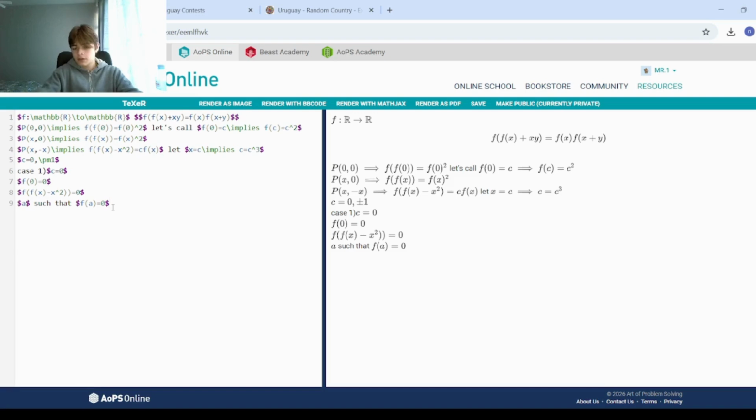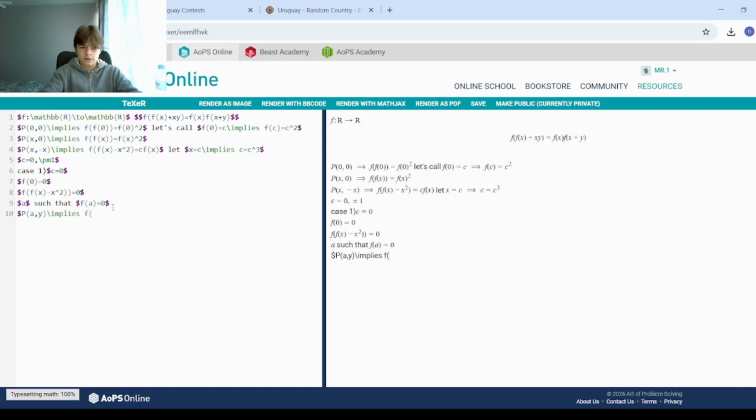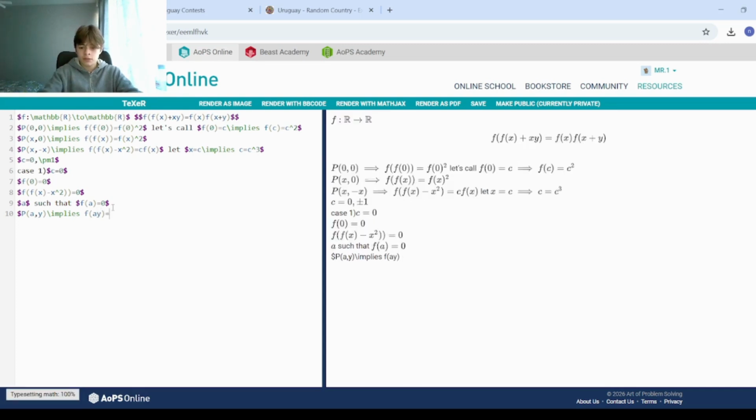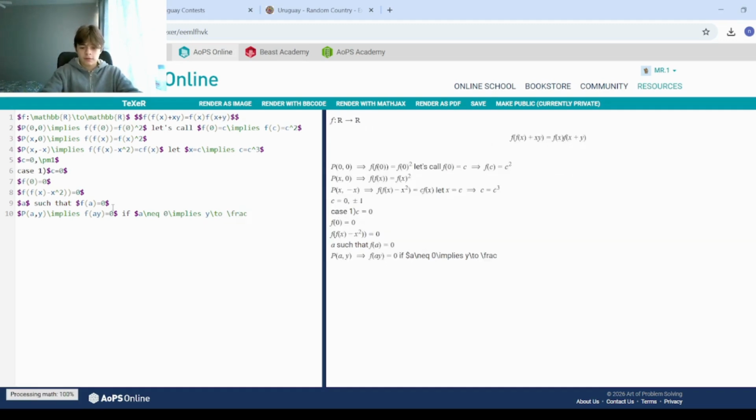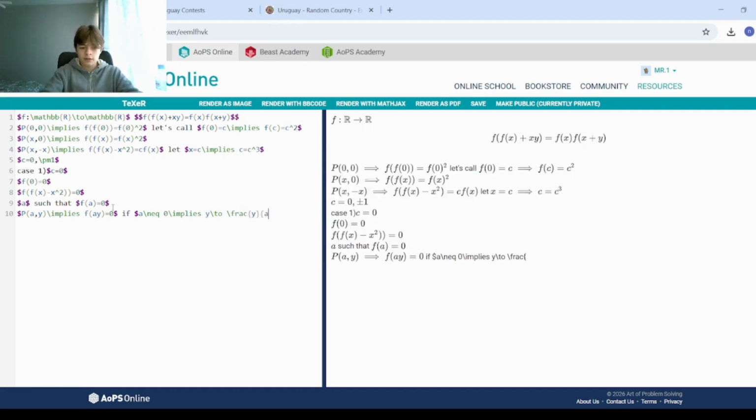We know this. So if we put like this, we get f(ay) is equal to 0, and if a is not equal to 0, we can replace y with y divided by a, and this implies that f(y) should be equal to 0.